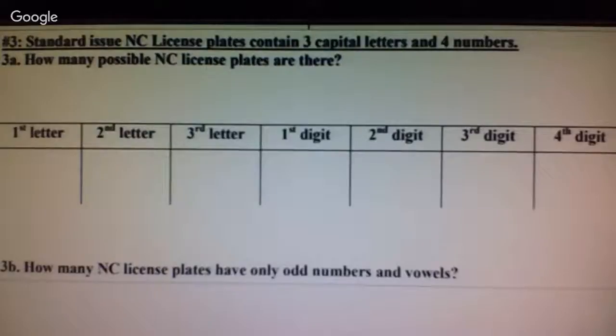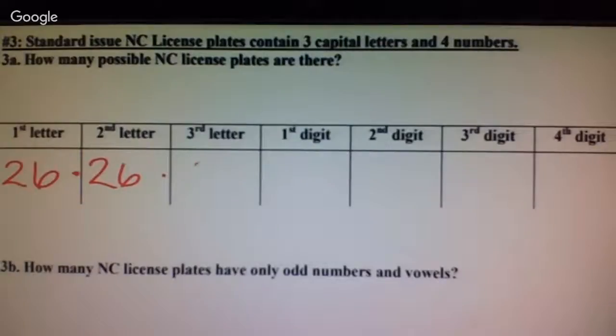On my license plate, this first slot has to be a letter. How many options do I have to put in the first spot? 26. And my second spot, guess what? Another letter. 26. Why doesn't that go down? Because it's still a letter. You still have the same letters. I can do AAA. So guess what?